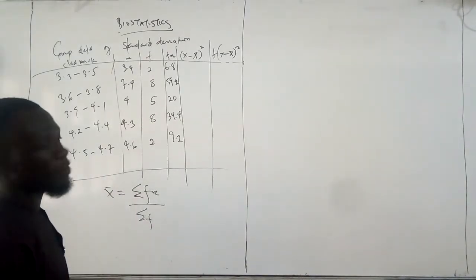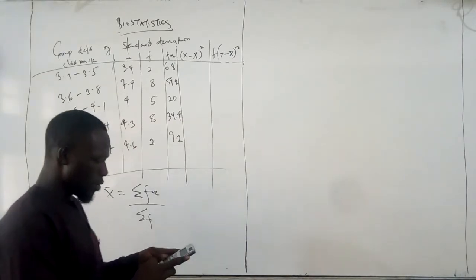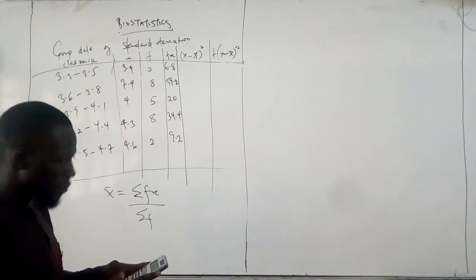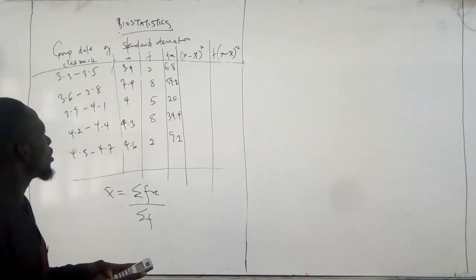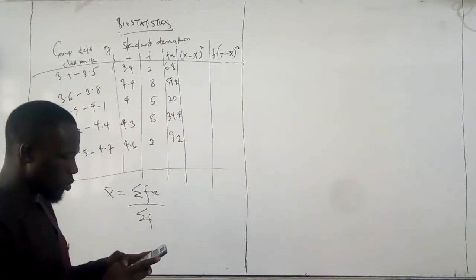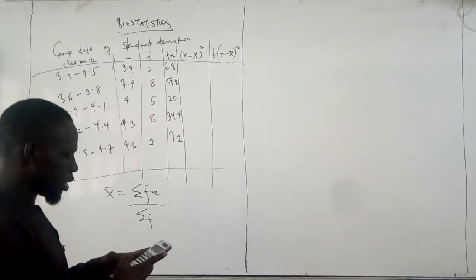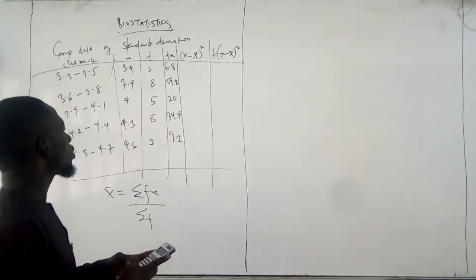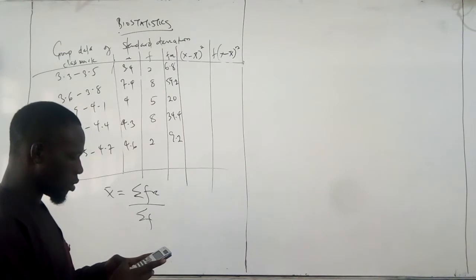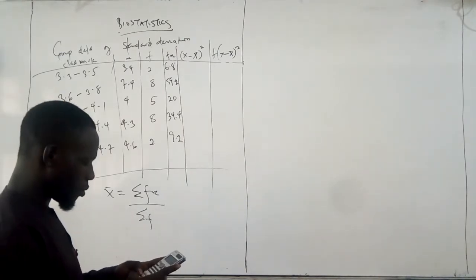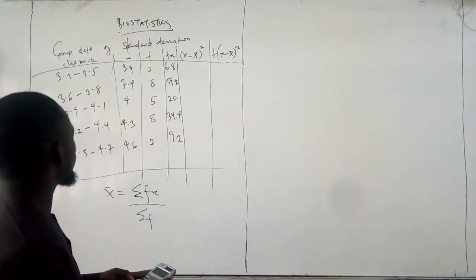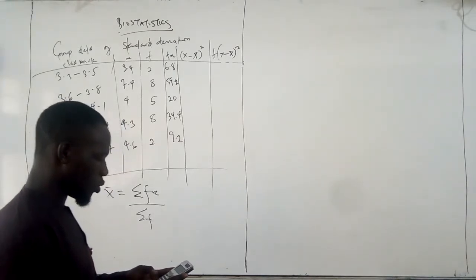So let's add the fx together. Do it with me. We have 6.8 plus 29.6 plus 20 plus 34.4 plus 9.2.